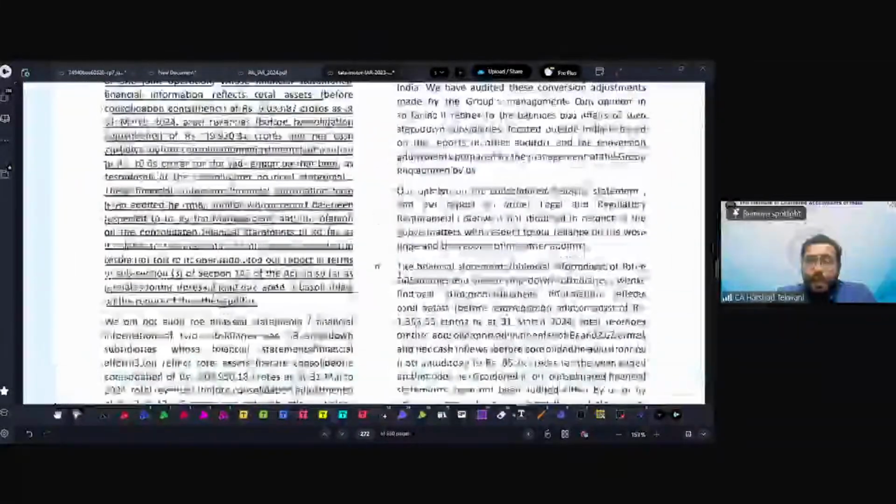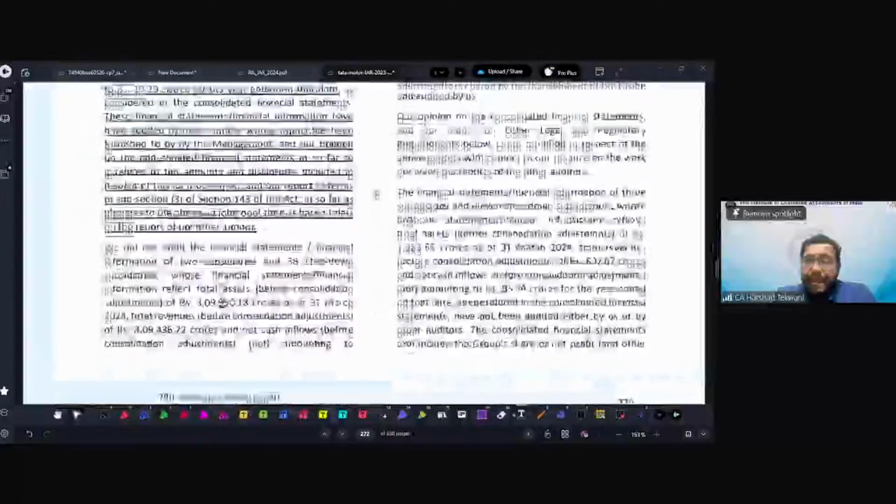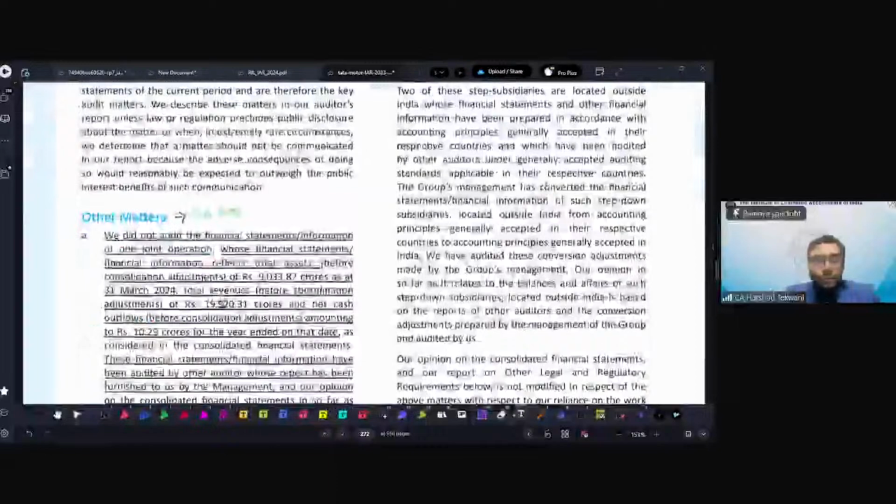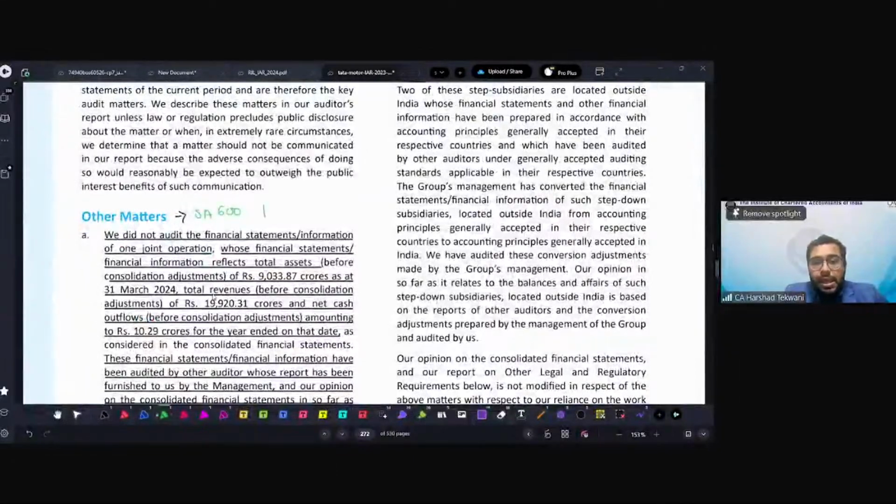The other matter paragraph is specified as per SA 600, and there are other things that we will understand as per SA 706. SA 600 also says that you are required to mention something in the other matter paragraph, but SA 706 specifically provides what things should go in the other matter paragraph.